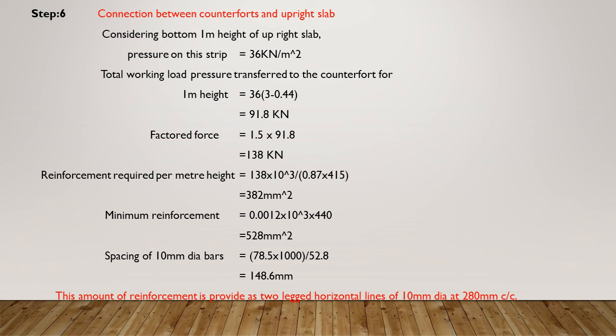Then we can provide 10 mm dia bars. So finding out the spacing is equal to 78.5 into 1000 divided by 528, the Ast. So spacing is 148.6 mm. So with rounding, the reinforcement is provided as two legged horizontal links of 10 mm dia bars at 280 mm center to center distance.